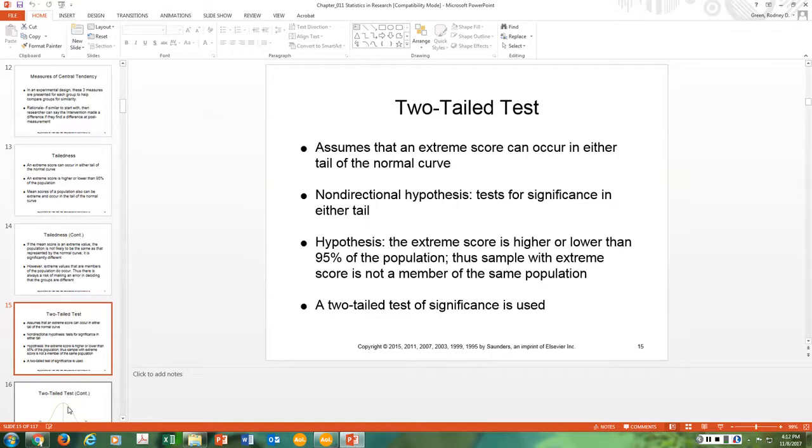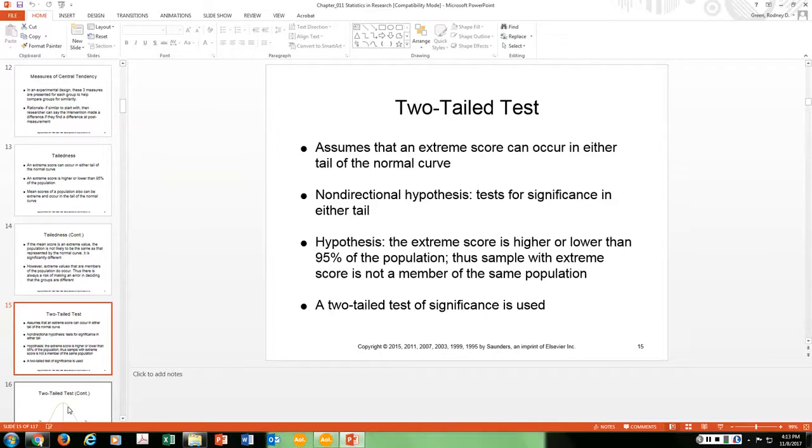Two-tailed test. Assume that an extreme score can occur in either tail of the distribution. A non-directional hypothesis, we went over this earlier, tests for significance in either tail.